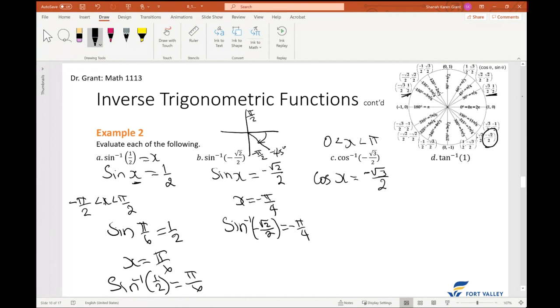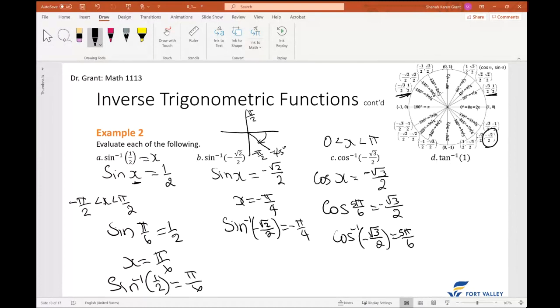What angle will it be? Negative root 3 over 2 looks like 5 pi over 6. So cosine of 5 pi over 6 equals negative root 3 over 2. Or you could say cosine inverse of negative root 3 over 2 equals 5 pi over 6.